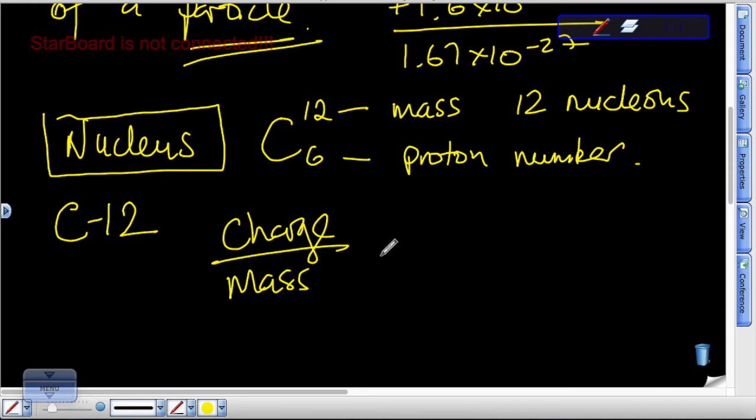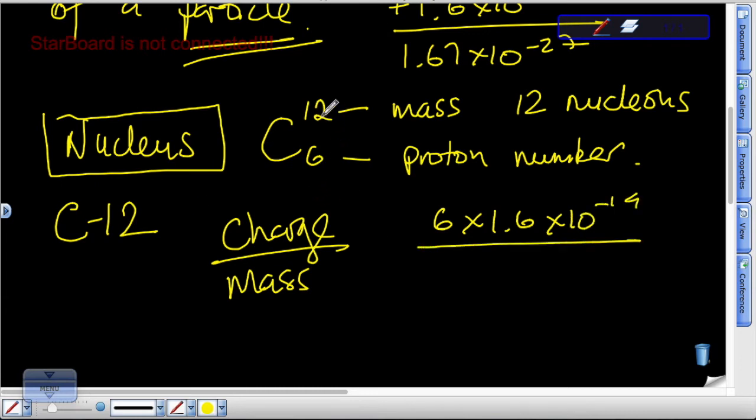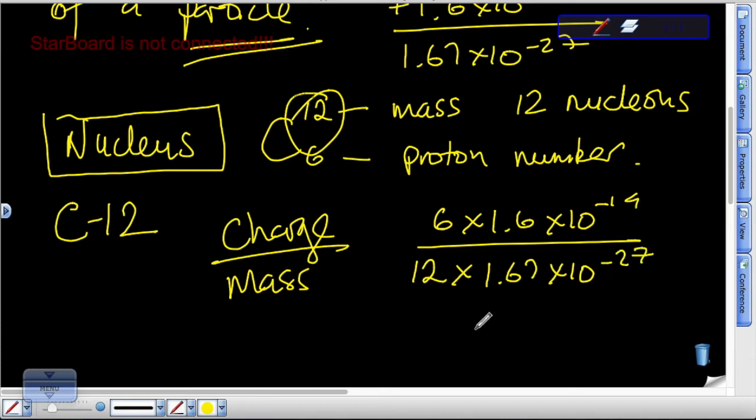So it's 6 times the charge of a proton, 1.6 times 10 to the negative 19, divided by the total mass of the nucleus, which is 12 times 1.67 times 10 to the negative 27. And that gives you your answer.